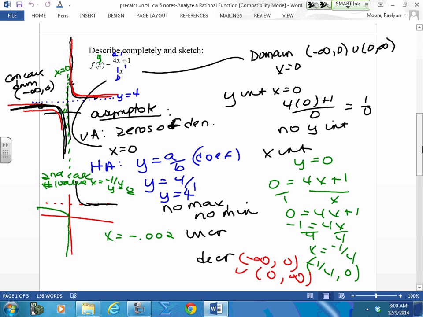This guy technically makes a concave up. It doesn't look it because this keeps on going closer and closer, but it technically makes the cave up. So this is concave up from 0 to infinity. And I think we told everything about this.